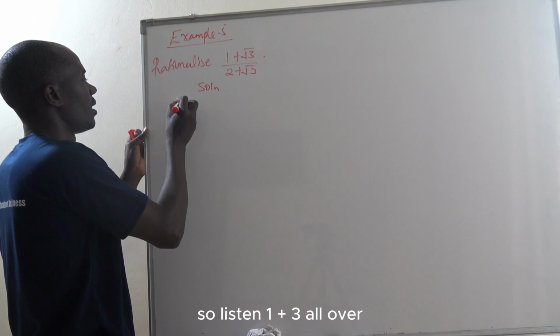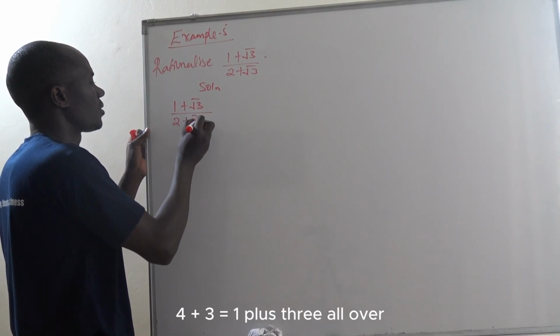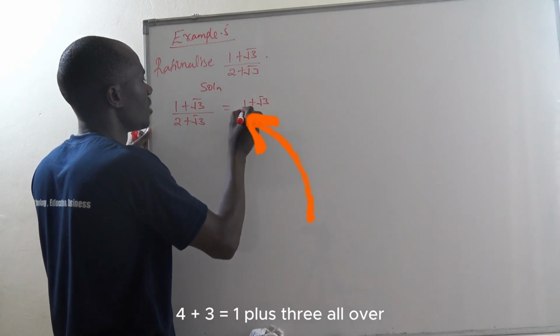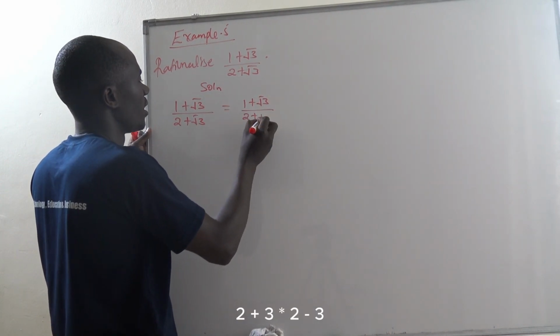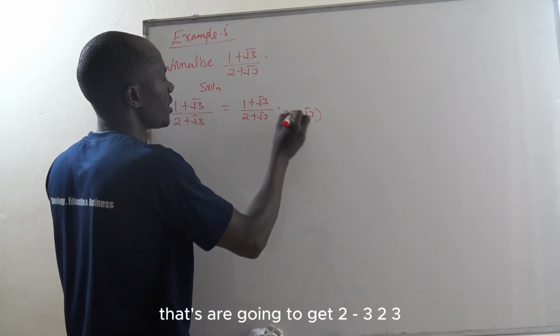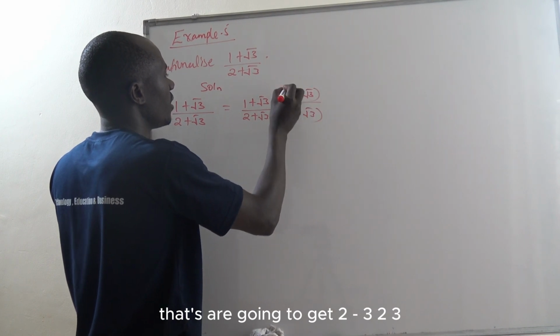Solution: 1 plus root 3 all over 2 plus root 3 equals 1 plus root 3 all over 2 plus root 3 times 2 minus root 3, that's our conjugate, 2 minus root 3.